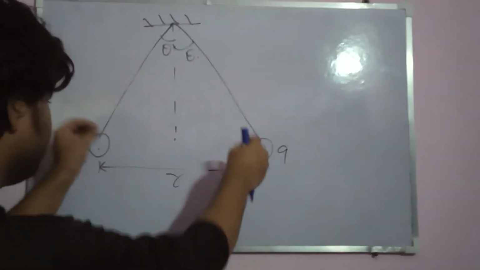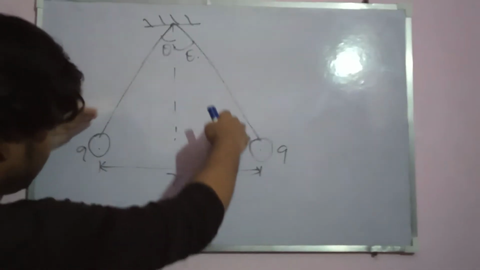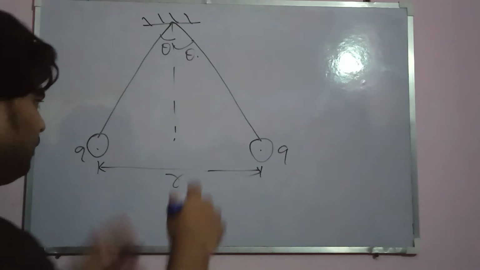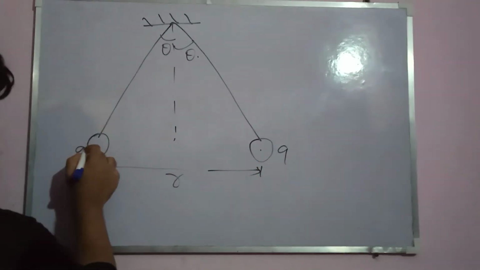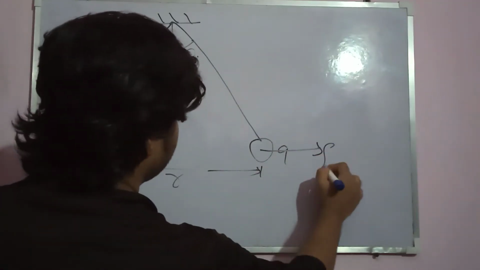So something is balancing these two charges at a separation, and the strings are in this position. This is called the equilibrium position of the strings. So which force is responsible for keeping it balanced? That is Fe, Coulomb's force.